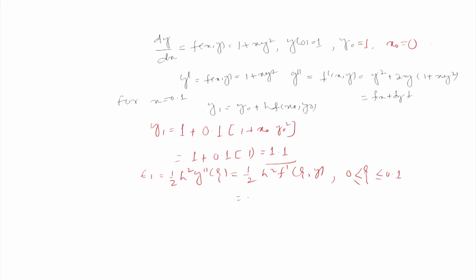Especially, I can write 0.5 into 0.01 into 1.45662 here, since f dash of zeta y is nothing but 1.45662 at x equals 0. So the final value achieved is 0.00728.